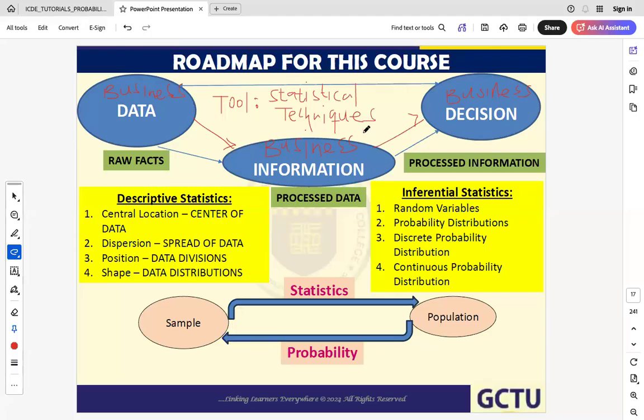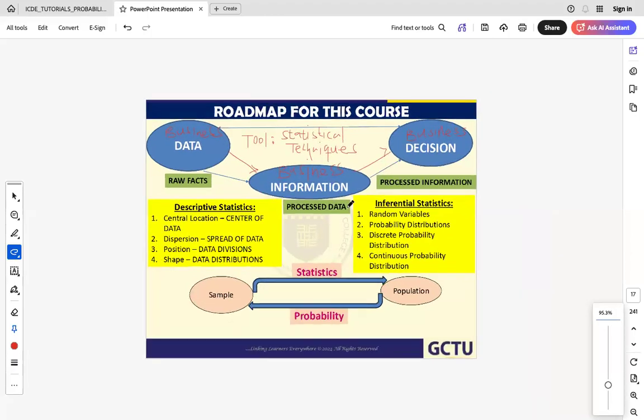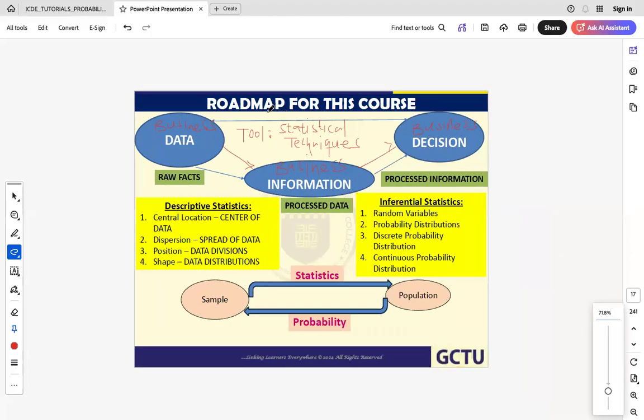So today we are going to use one of them. We are going to use one statistical technique to transform business data into business information. Then out of that, we take a decision.